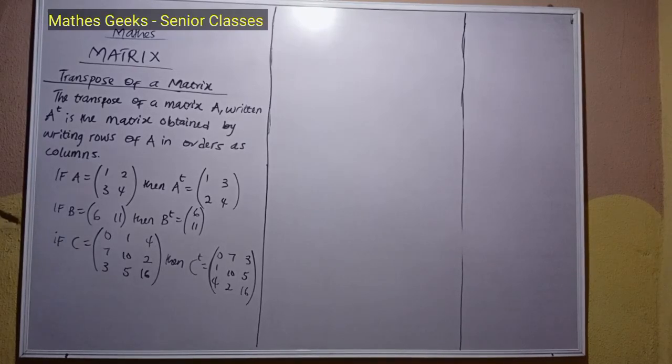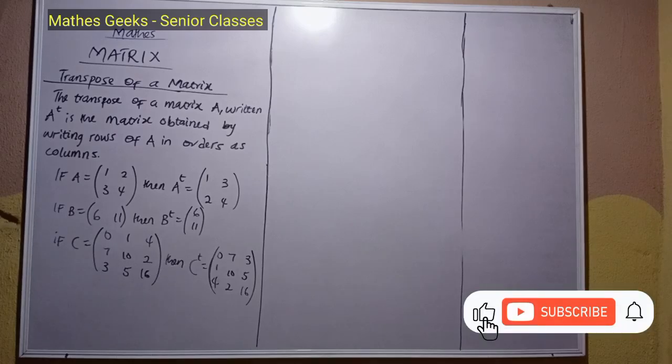Transpose of a matrix. The transpose of the matrix A, written AT, is a matrix obtained by writing rows of A in order as columns.